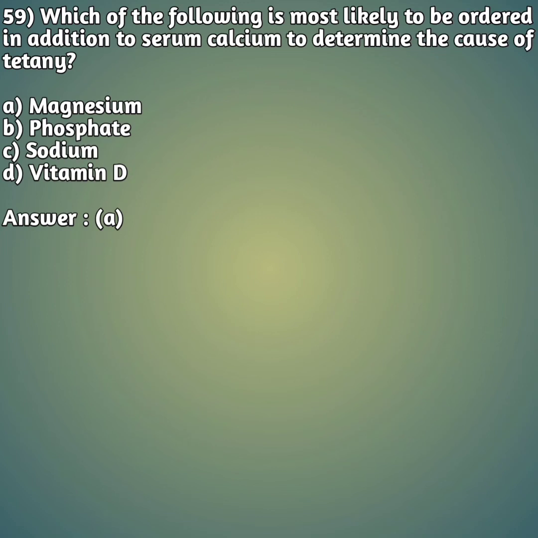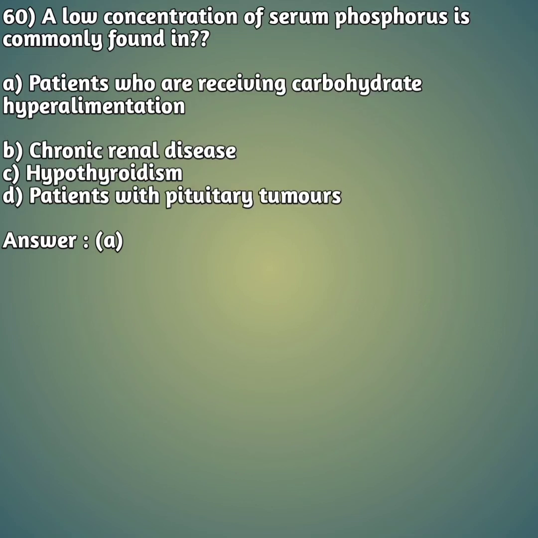Option A, magnesium, option B, phosphate, option C, sodium, and option D, vitamin D. So the right answer is option A, magnesium. Okay, moving on to our 60th question. A low concentration of serum phosphorus is commonly found in option A, patients who are receiving carbohydrate hyperalimentation, option B, chronic renal disease, option C, hypothyroidism, and option D, patients with pituitary tumor. So the right answer is answer A, patients who are receiving carbohydrate hyperalimentation.